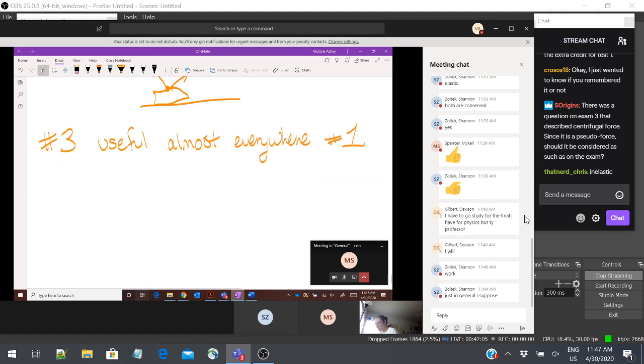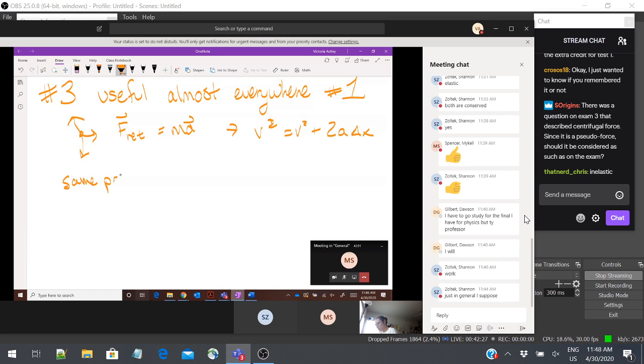Almost any question where you can do, okay, here's a bunch of forces, I'm going to find F net, and then I'm going to get ma, and then I'm going to do kinematics to do V final squared is V initial squared plus 2a delta x, right? I could just as easily do the same problem, but do the work done by each force, which is force times distance times cosine theta, right, for each of these.